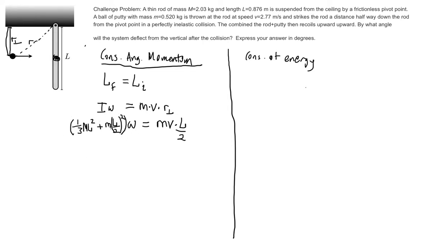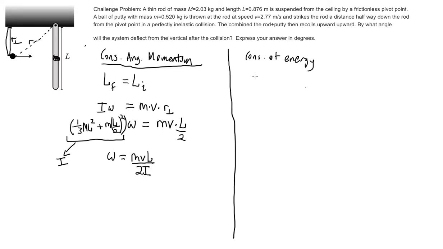This is my moment of inertia, and from that I can figure out the angular speed of this whole apparatus after the collision. So omega is just going to be m v L over 2 divided by the moment of inertia. I'll just bank that as I for later, to save me some writing.